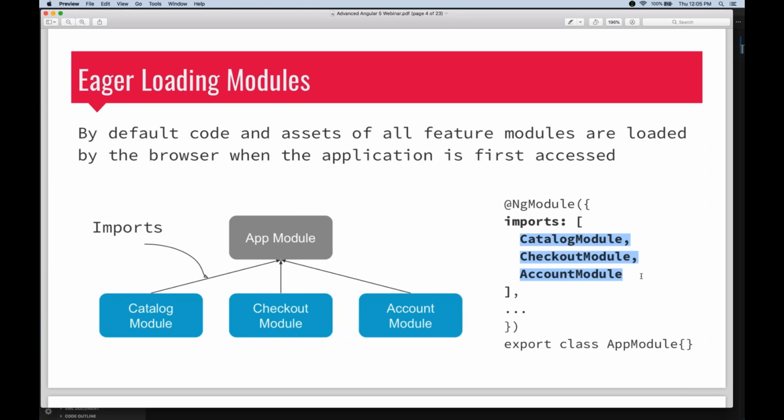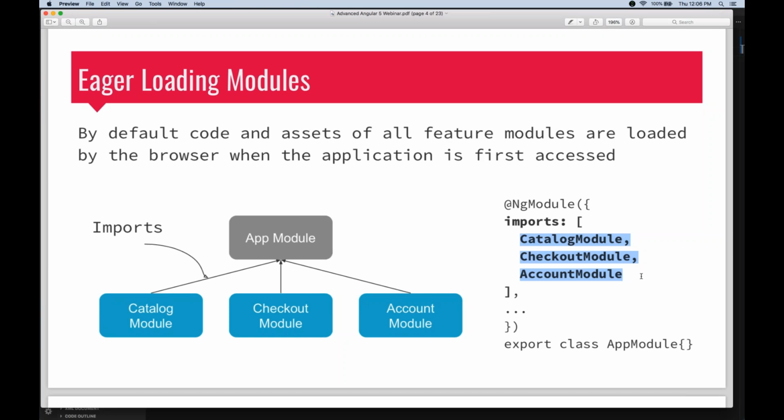What that means is that when the user first accesses your application in the browser, the assets and your JavaScript code for all of these feature modules are going to be loaded up front. So that's called eager loading, and that's the default behavior in Angular.